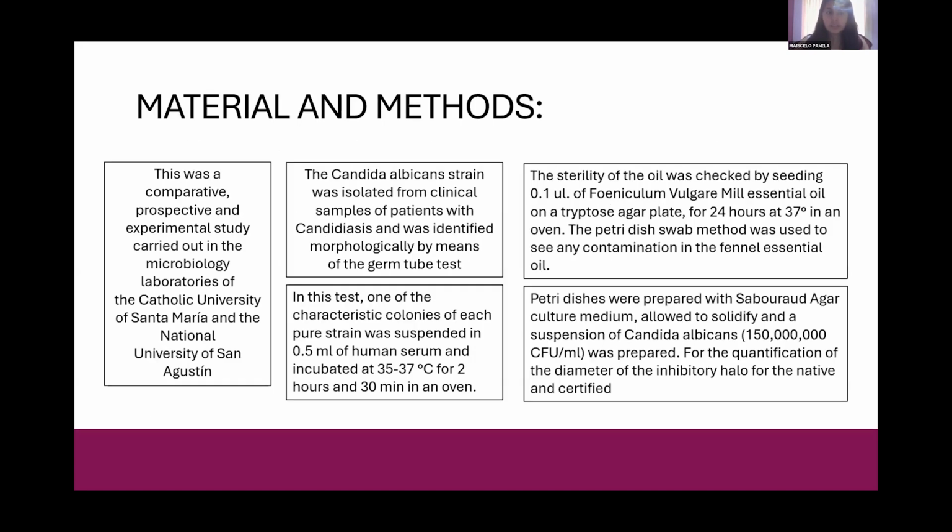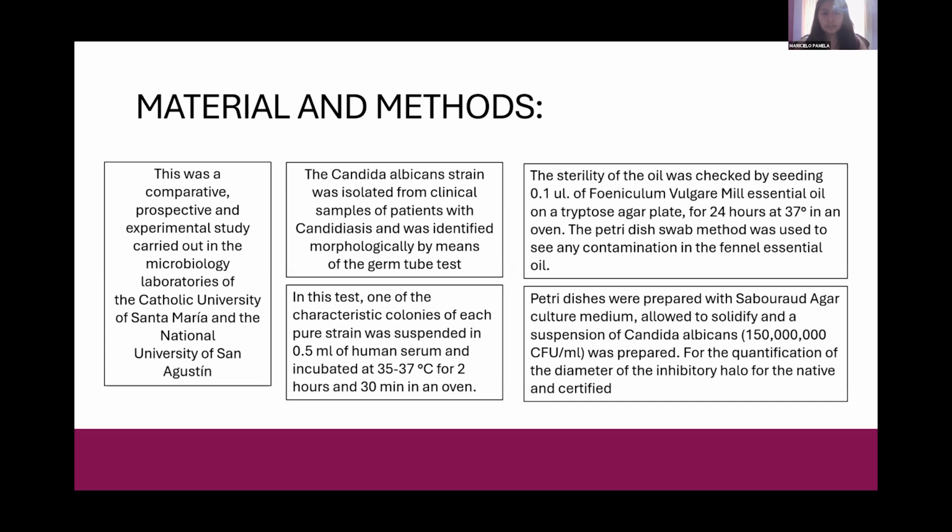And the materials and methods: this was a comparative prospective and experimental study carried out at the microbiology laboratory of the Catholic University of Santa Maria and the National University of San Agustin.